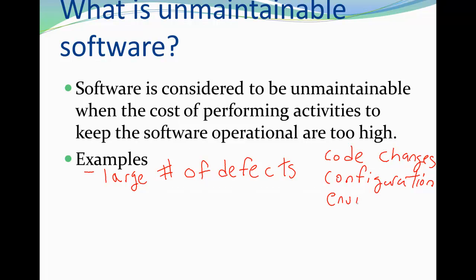And by environment, we mean the operating environment. These types of changes are the way you can categorize the activities involved in keeping software operational. So a large number of defects obviously falls under code changes, right?